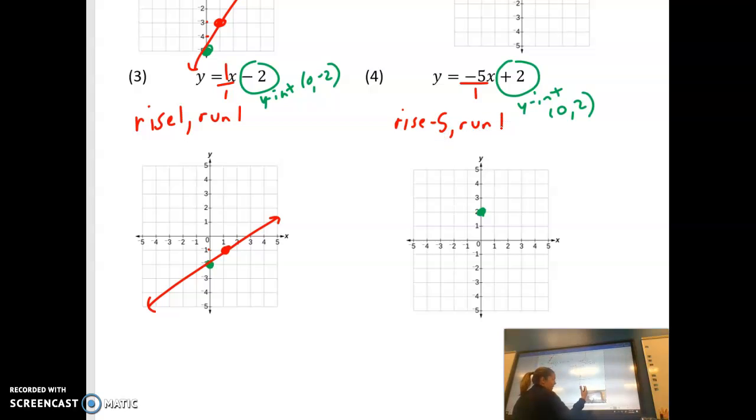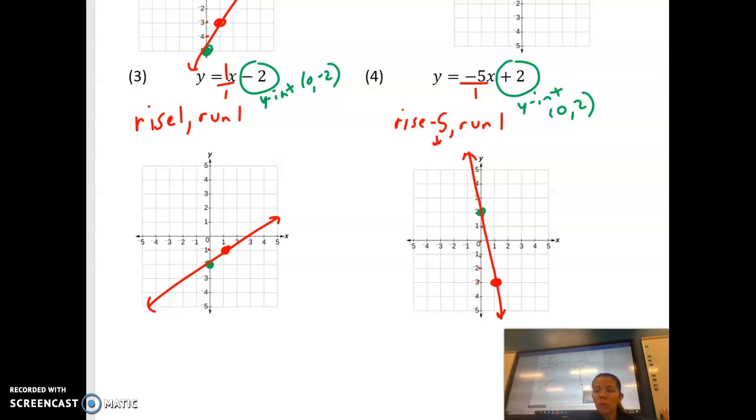Remember, rising -5 means you're actually going downward. Sorry, let me draw that downward. Cool. So from this point, 1, 2, 3, 4, 5, run 1. There's my second point. Here's my line. Okay, and so make sure this makes sense. My slope is negative, so I need to make sure my line is going downward. Whereas number 3, my slope is positive, so my line is going upward.